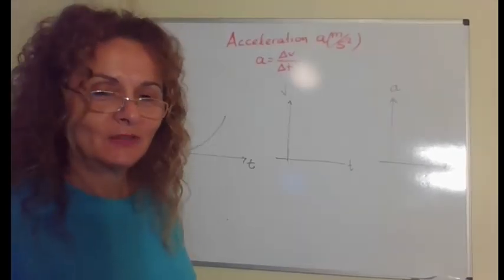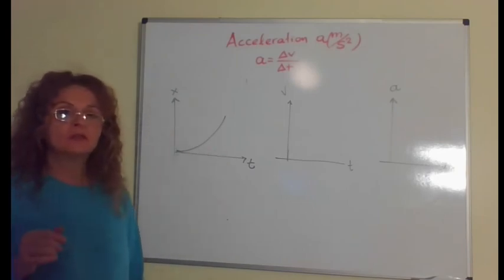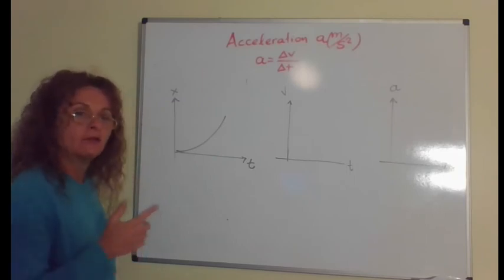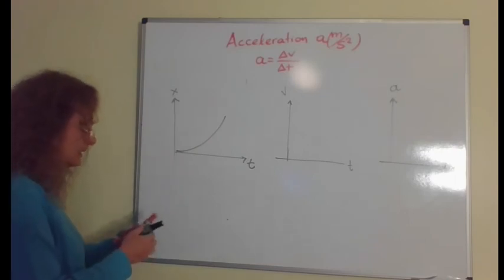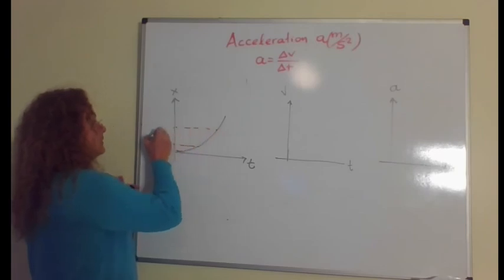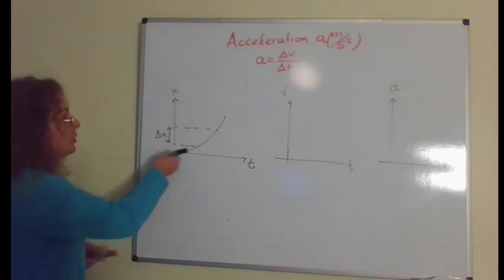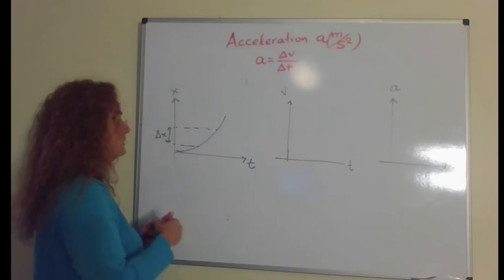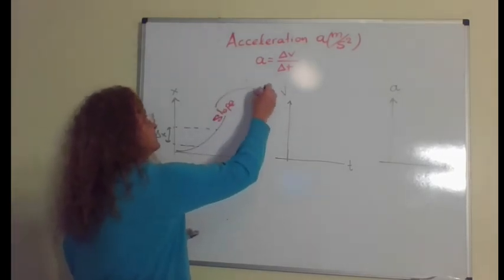We can know the position at any second, therefore we can find the displacement between two positions. And through the slope, we can find the velocity. The slope gives us the velocity.